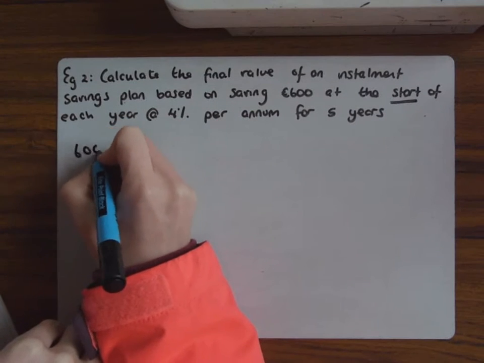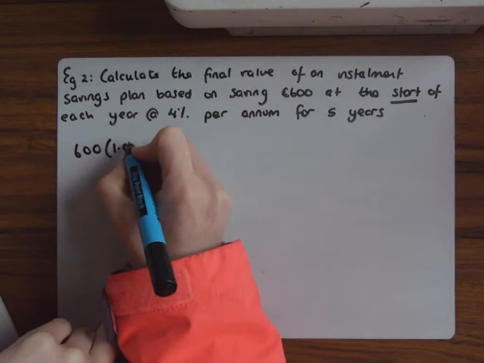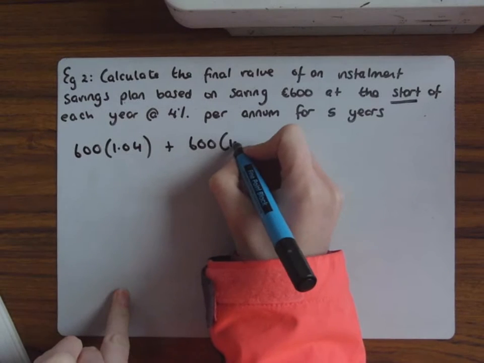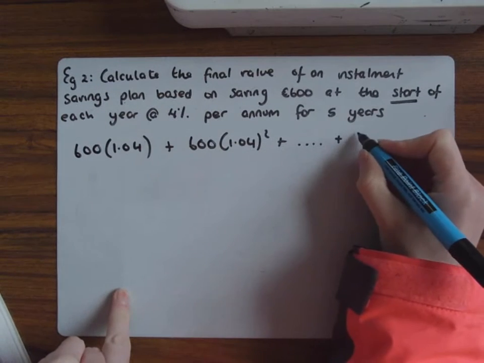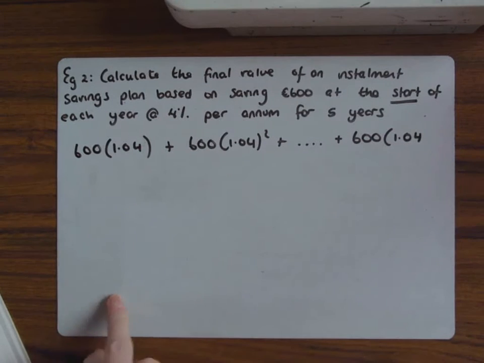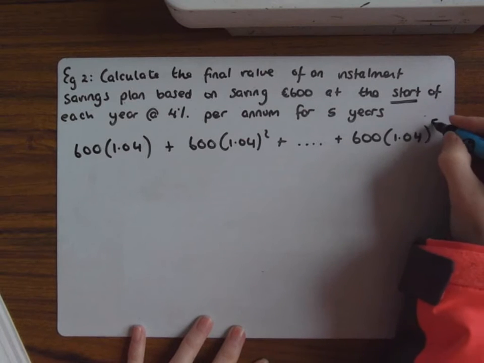So I'm saving 600 and it's going to earn interest in the first year, and so on. We've reversed our series, where this is actually the first year.